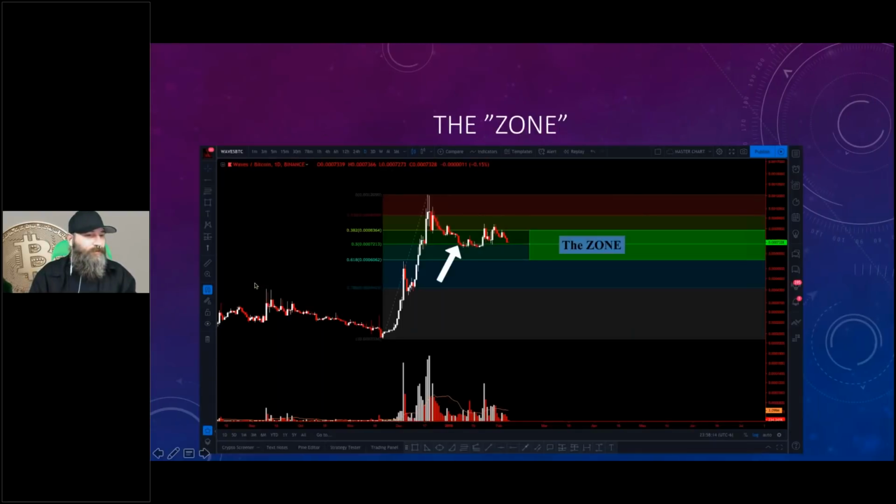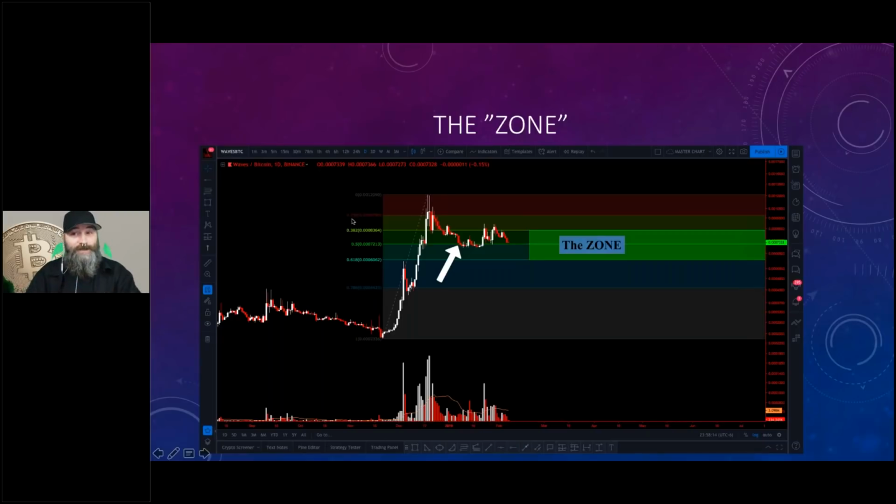So the zone, this is what we gravitate towards, especially during pullbacks. We gravitate towards the 382, between the 382 and the 618. All right. In crypto, there happens to be larger retracements where the 618 to the 786 ends up becoming a viable buying opportunity zone on a pullback.